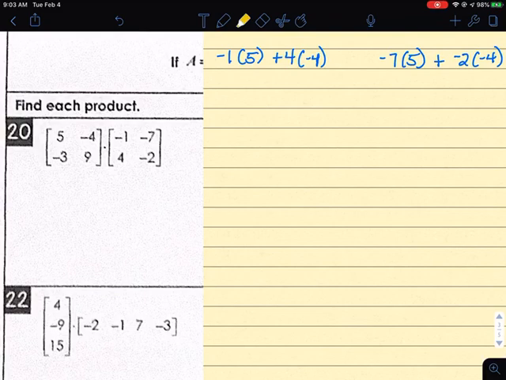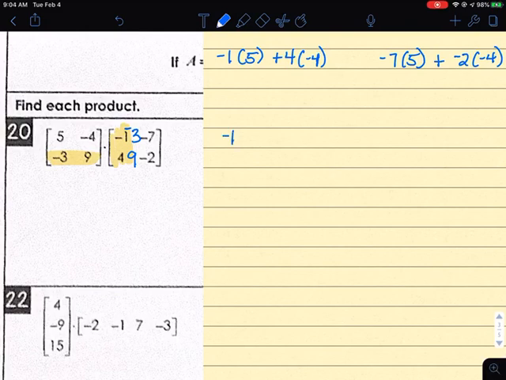Now I've got to move down to row 2. So I'm going to multiply row 2 times this column. Now, I'm working with row 2 and column 1. So in my work, I'm going to have to go down to row 2, but stay in column 1. Take this row, rotate it 90 degrees, and now the numbers next to each other get multiplied.